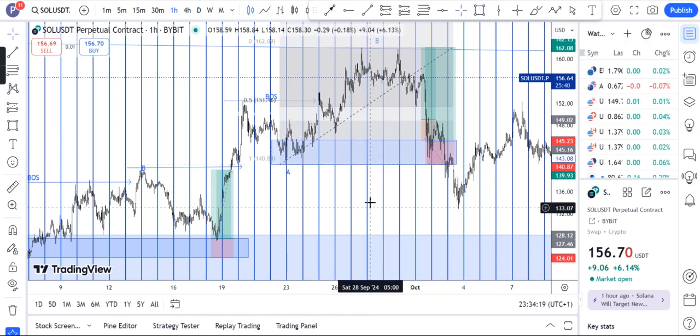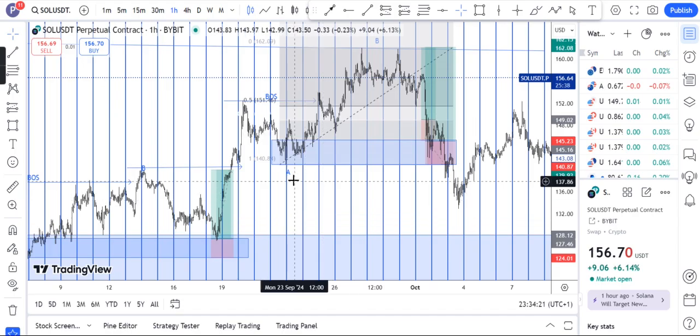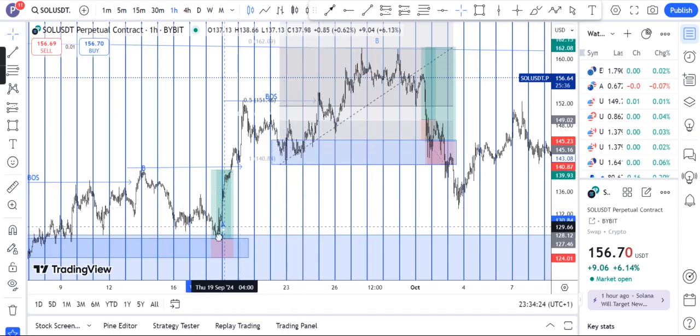So having seen this, we now adjust our point A to this particular area because the market has dropped massively into this point, and that's created our new entry.